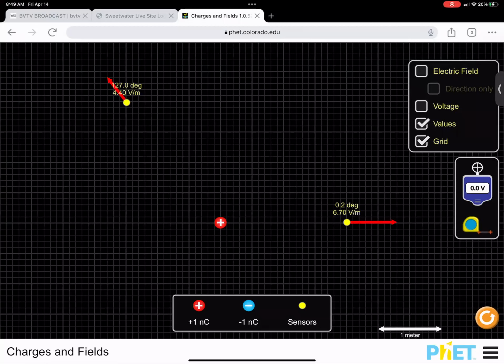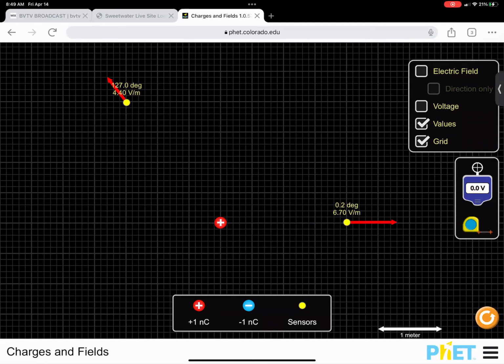Okay. Now what we're going to do is record the values that are there, because the electric field and the direction of the field are recorded on the sensor. Looking at the first sensor over to the right, we can see the magnitude is 6.7 volts per meter. Now, volts per meter is the same unit for electric field. It's just another version of the unit as opposed to newtons per coulomb, so you could use either one. The angle is about 0.2 degrees.